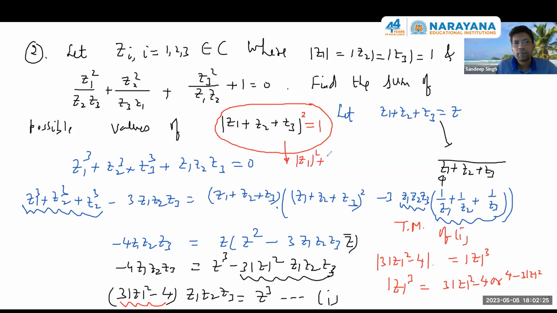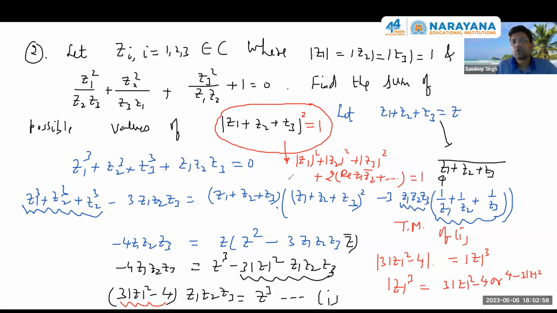Mod z1 square plus mod z2 square plus mod z3 square, right? Like that. And these all are 1 plus 2 times, tell me, Z1 Z2 bar plus Z2 Z1 bar, or real part of Z1 Z2 bar. That is the case. Plus real part of Z2 Z3 bar and so on. So this must be equal to 1.